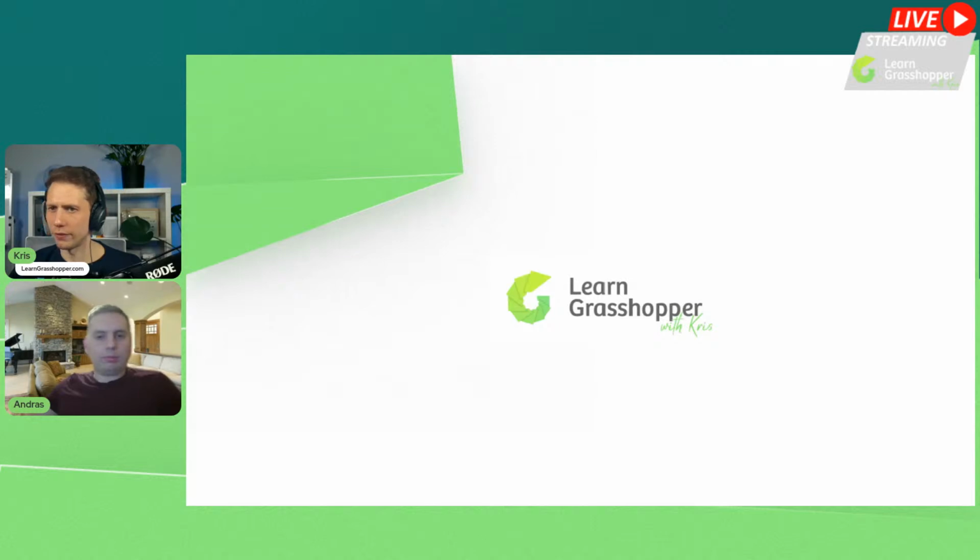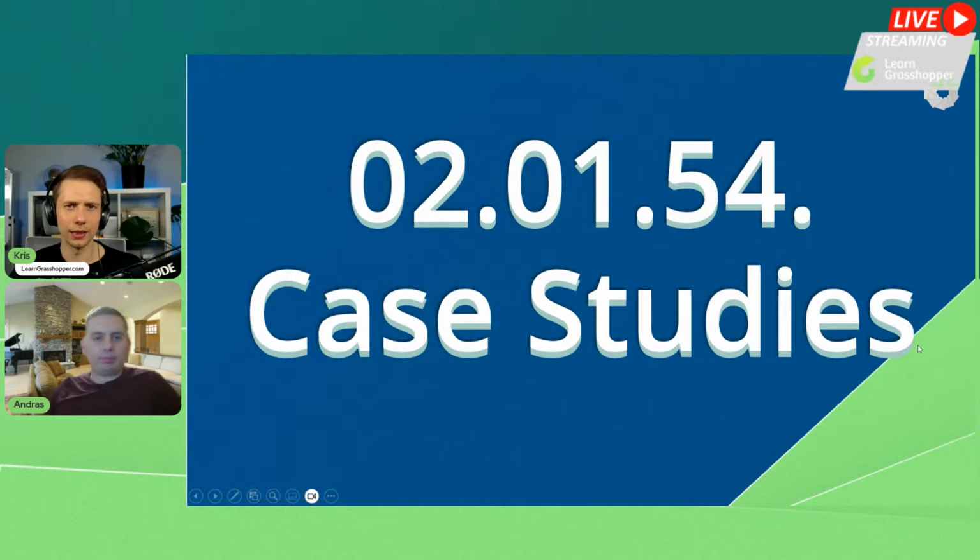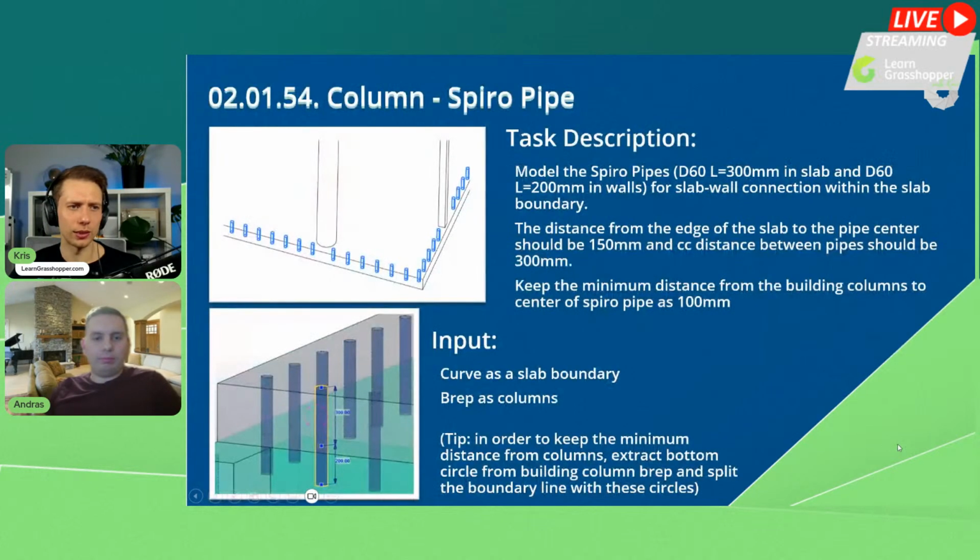The first one is a case study about beams. I think this is a really interesting one. Simple, but I think it can be interesting for many of you. We have some walls around the building, and the task for you will be to add the spiro pipes, these blue beams.